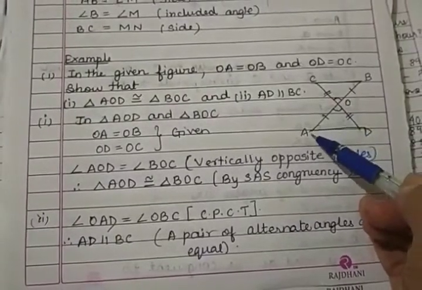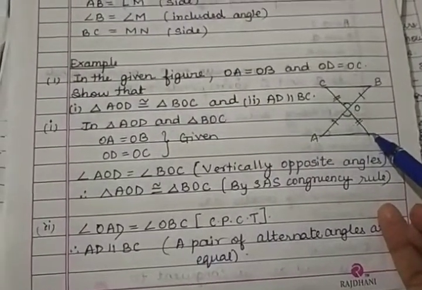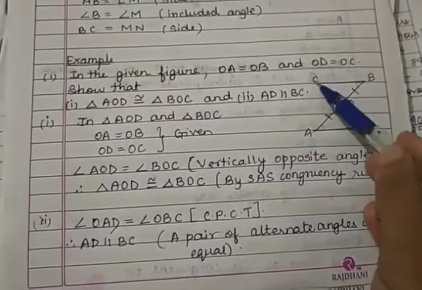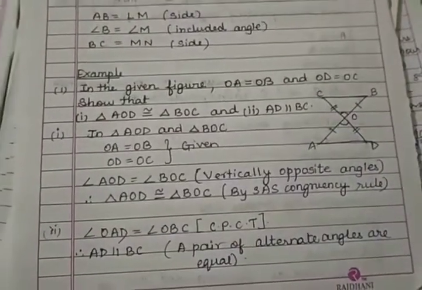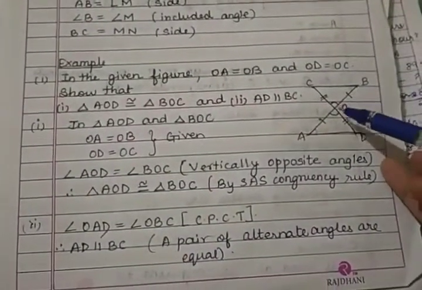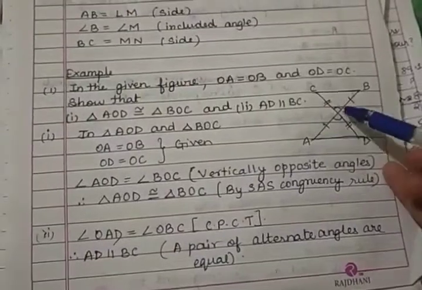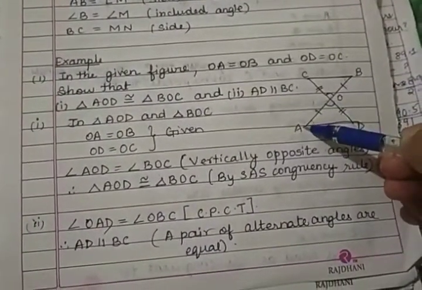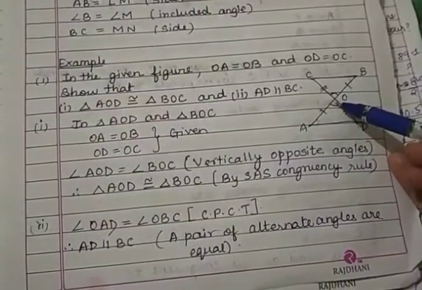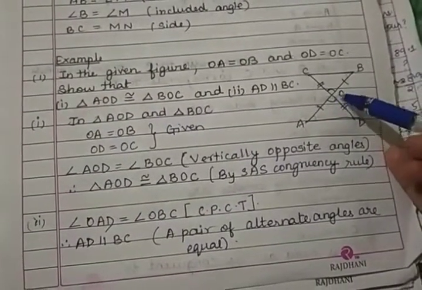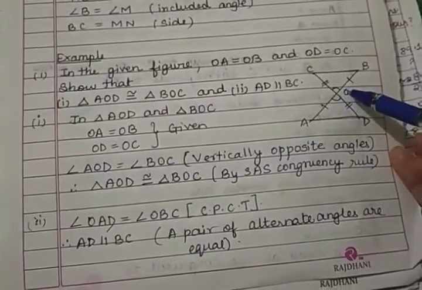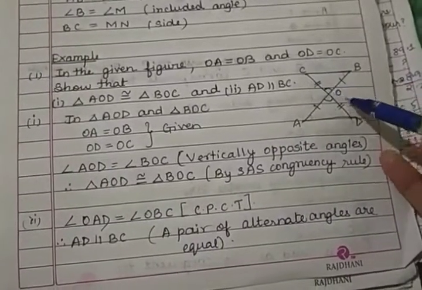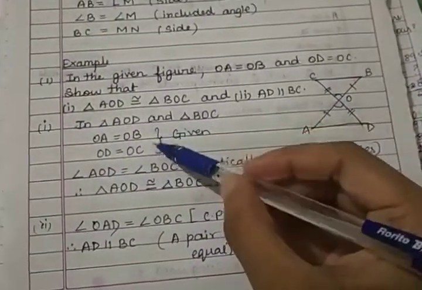In triangle AOD and triangle BOC, what do we have here? We have OA is equal to OB, correct? Now we got one side. The other two sides are OC and OD, which is given to us.